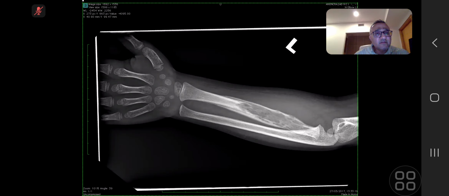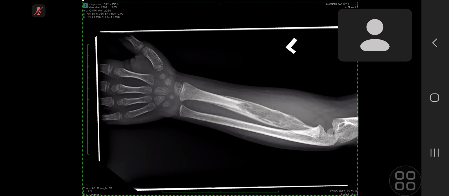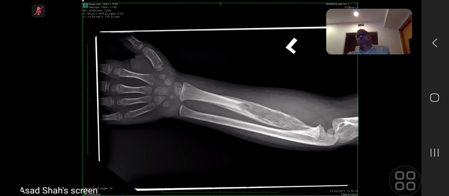So which part of the bone is involved? Where is the lesion? You said it is in the proximal metaphysis and towards the diaphysis of the radius. Right, okay. Anything else before you start giving me the differential diagnosis?